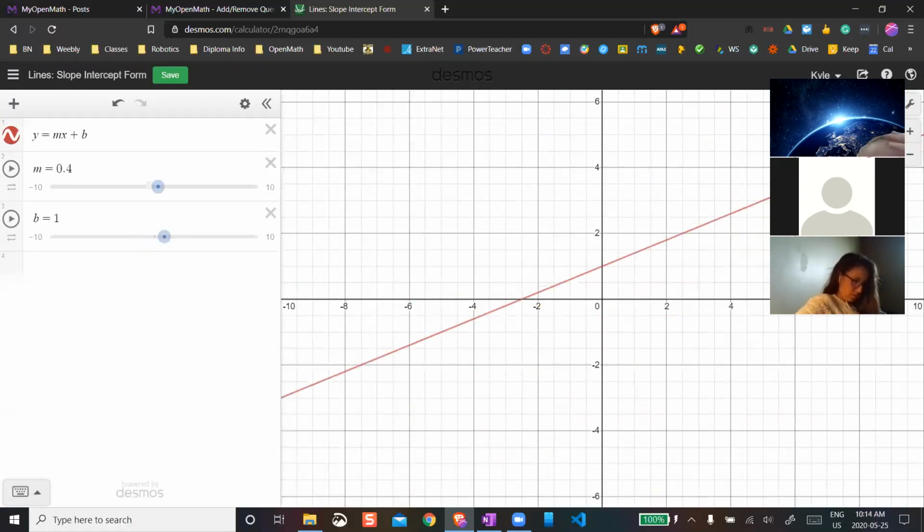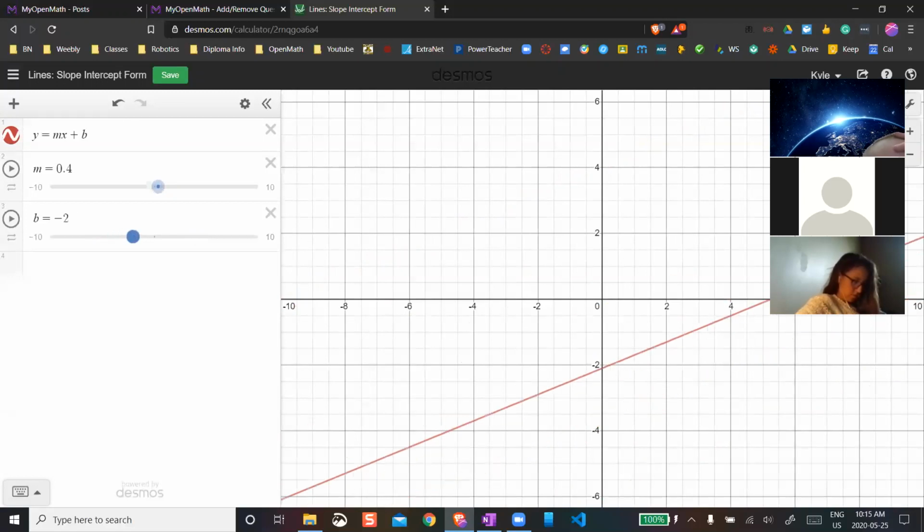It's nice because you can play around with this. If I change my b value, the second part of this, you can directly see that the slope is staying the same everywhere, but my y-intercept is changing. So if I change up to 4.1, then it's crossing right there at 4.1. I can make it negative, and it'll go below the x-axis. Negative 3.8 would be down there.